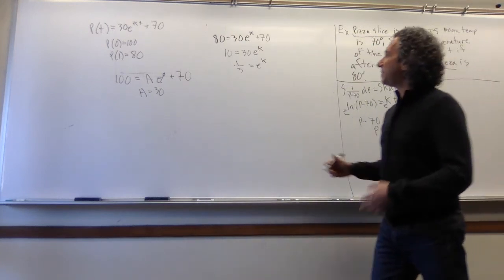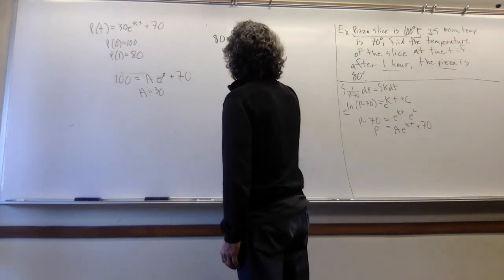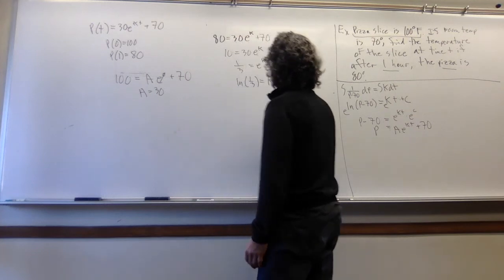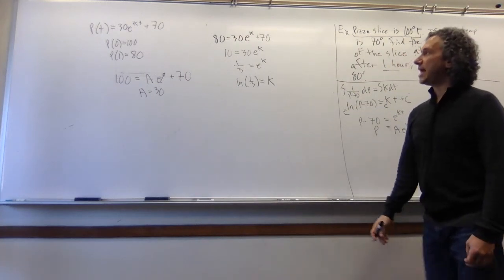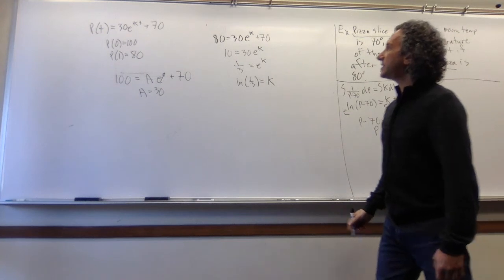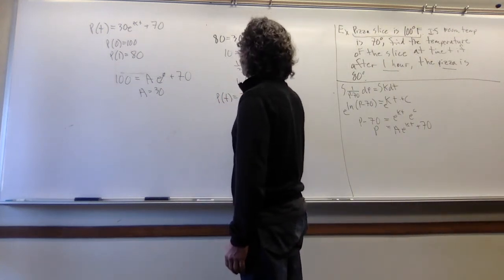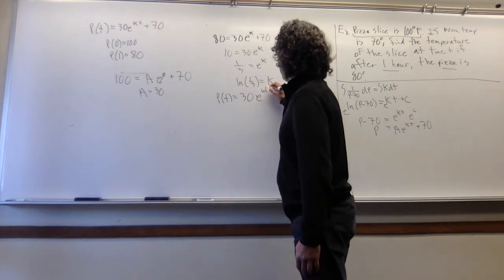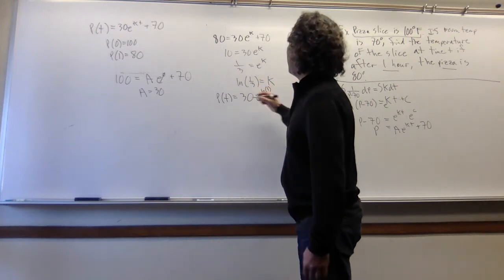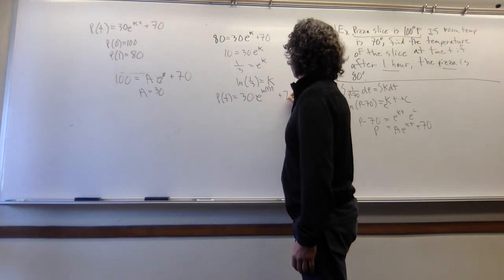I can then solve for this by taking the natural log. The natural log of 1/3, and the natural log of e to the k is just k. So it looks like my final model is p of t equals 30 e to the ln of 1/3 times t plus 70.